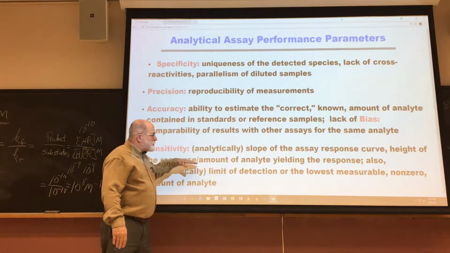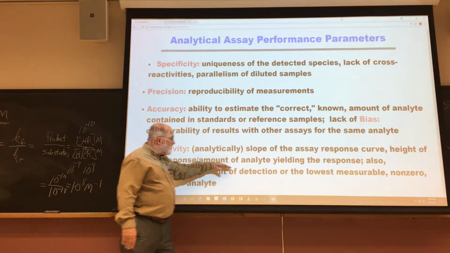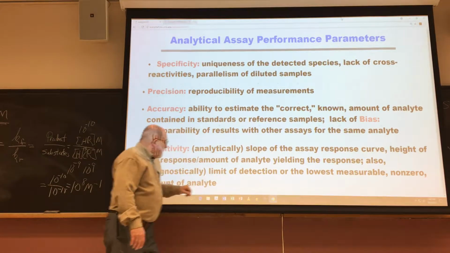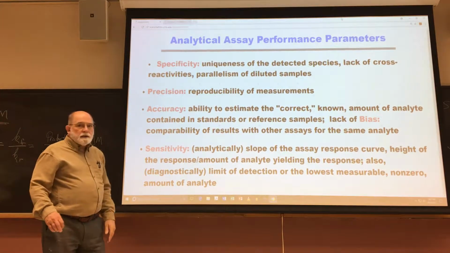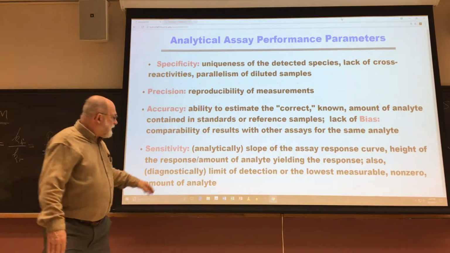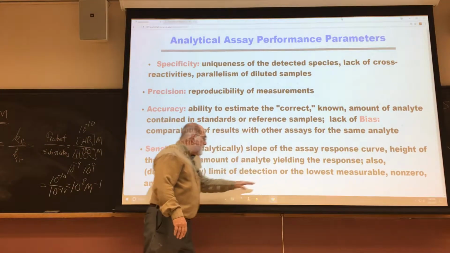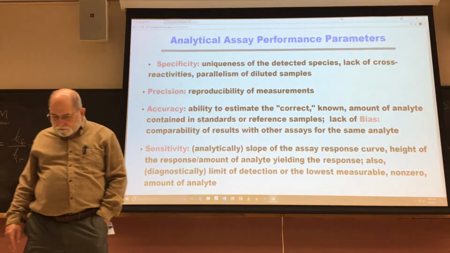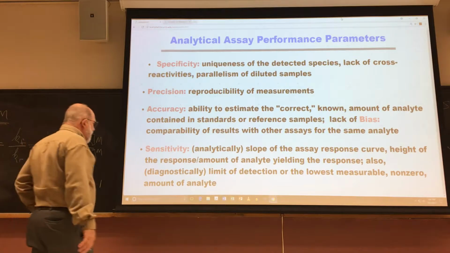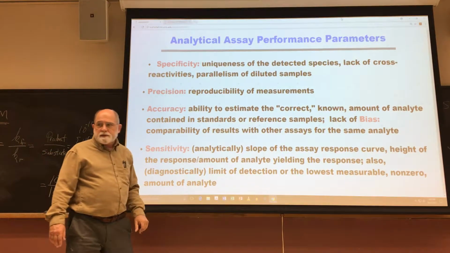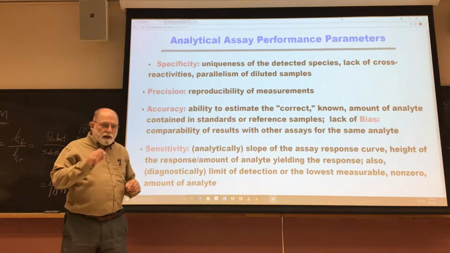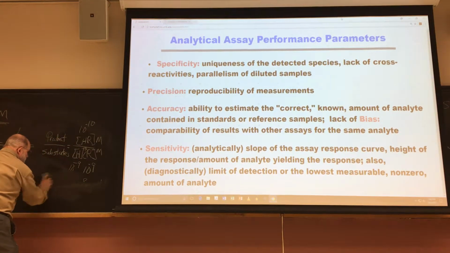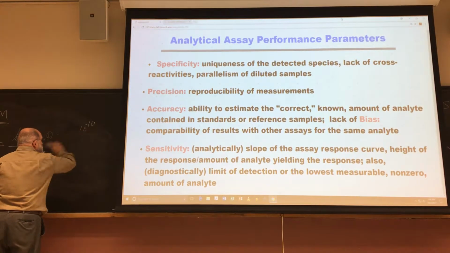So the slope of the assay response curve, or the height in response to added analyte. Diagnostically, what you're looking at is the limit of detection, or the lowest measurable non-zero amount of the analyte. A diagnostic lab will actually look at both of these parameters, the slope of the curve and the ability to see the bottom of the curve, or see the low values.